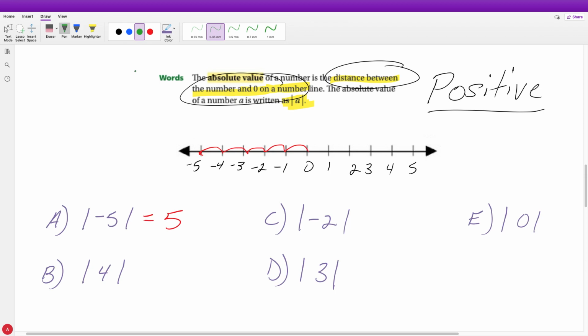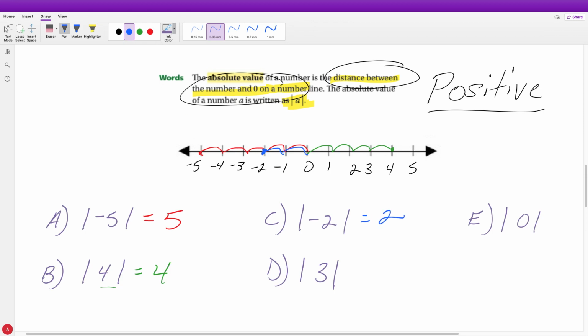When we go ahead and solve question B, from 4, well, how many units away from 0 are we? We're still 1, 2, 3, 4 units away. When we're dealing with distance, we're always talking about it as a positive number, so the absolute value of a positive 4 is positive 4. When we go to our next one, we have the absolute value of negative 2. Well, here we are 2 units away from 0, so the absolute value of negative 2 is equal to a positive 2.